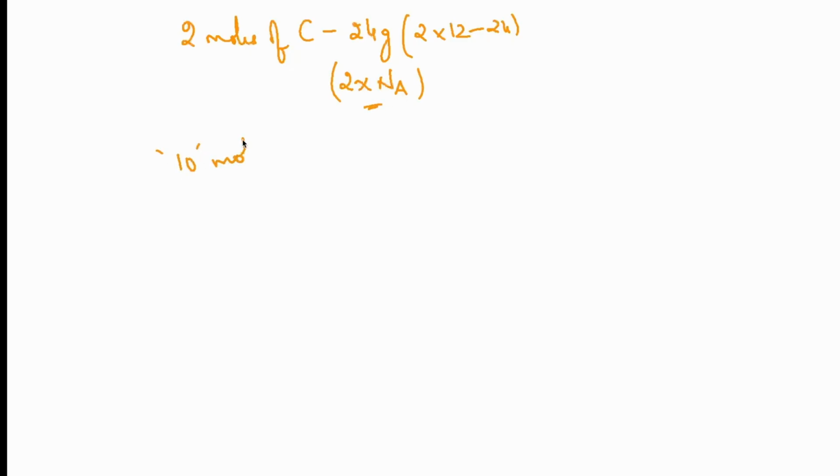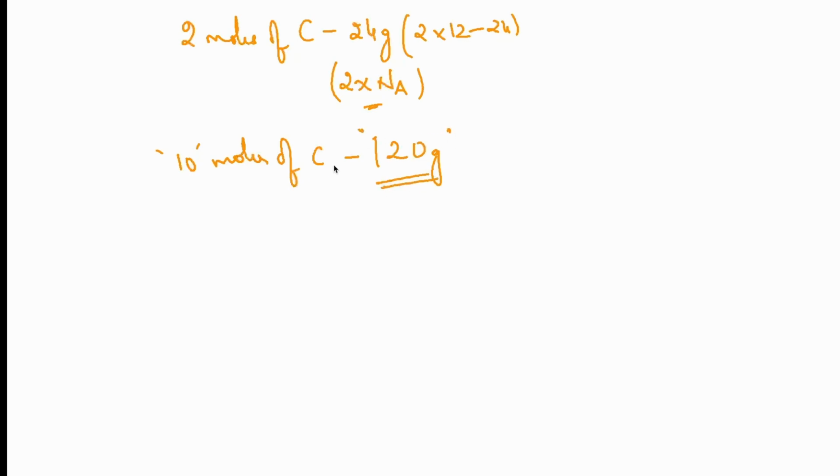Similarly, if you were to take 2 moles of carbon, then it would weigh 24 grams because 2 x 12 will give you 24, and this would contain 2 x Avogadro number. We can also take 10 moles of carbon, which would be 10 x 12, that is 120 grams.